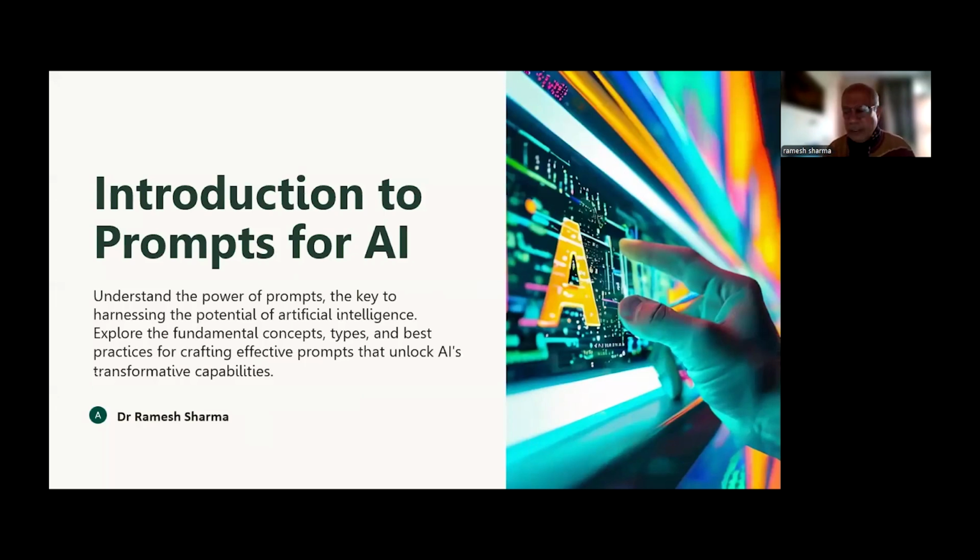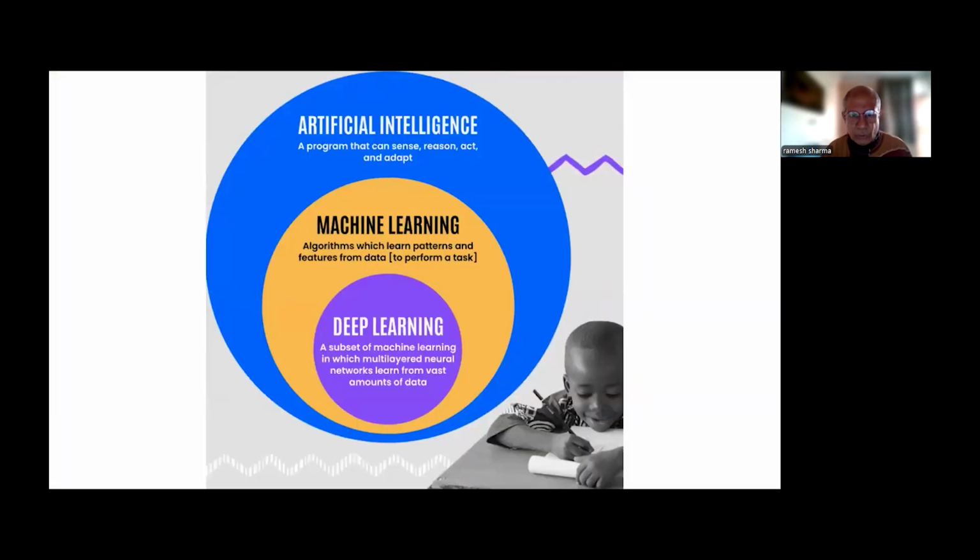Before we see the cases, we need to know how we can make use of them. This is a broader graphical representation of AI. AI is the umbrella term, which comprises machine learning and deep learning technologies.